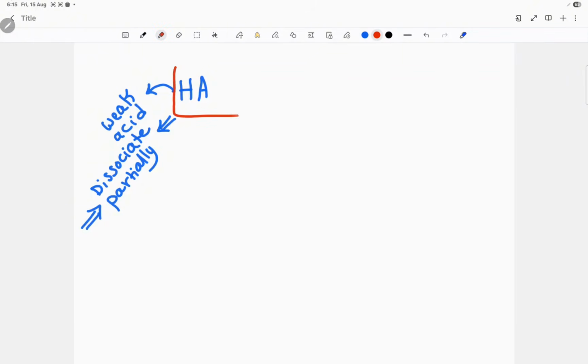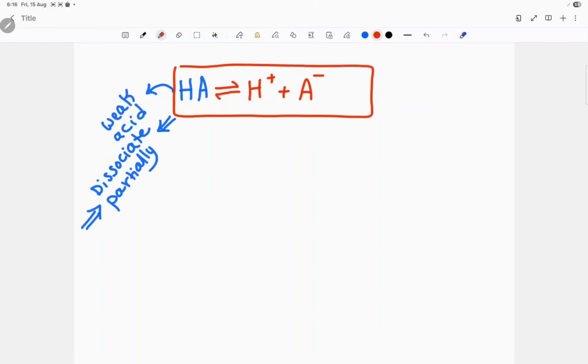So that means you will do a reversible reaction, H positive with A negative. Okay? Do you get that part?